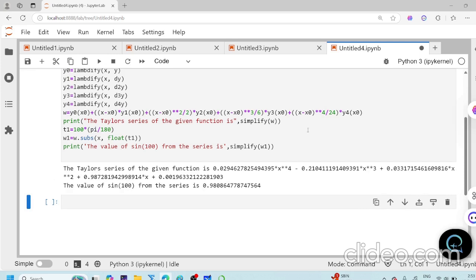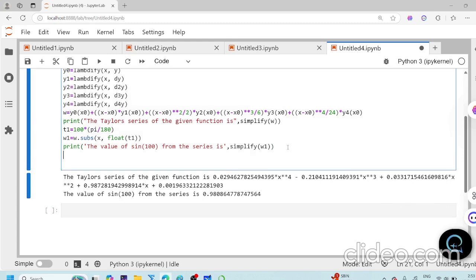Let me check what is the actual value of sin 100. Print the actual value of sin 100 is sin of float of T1.